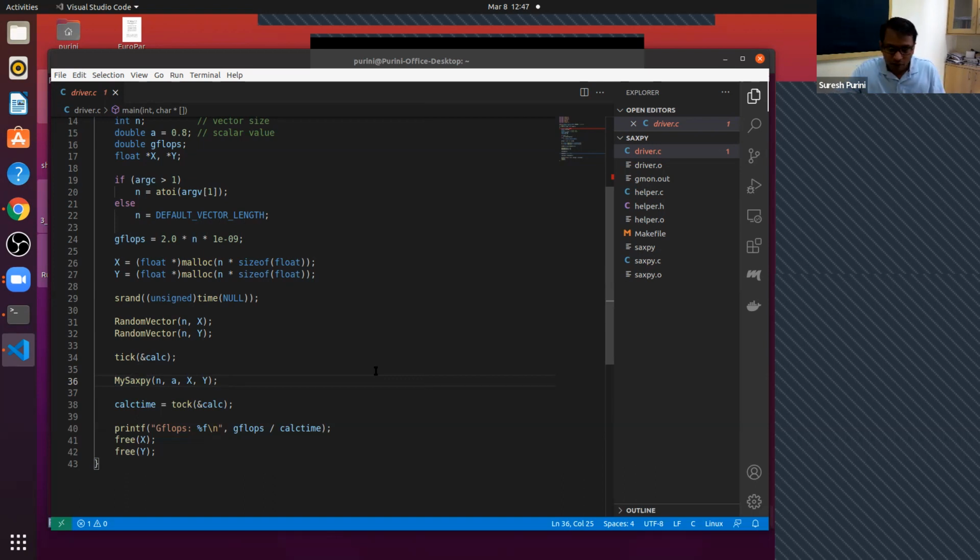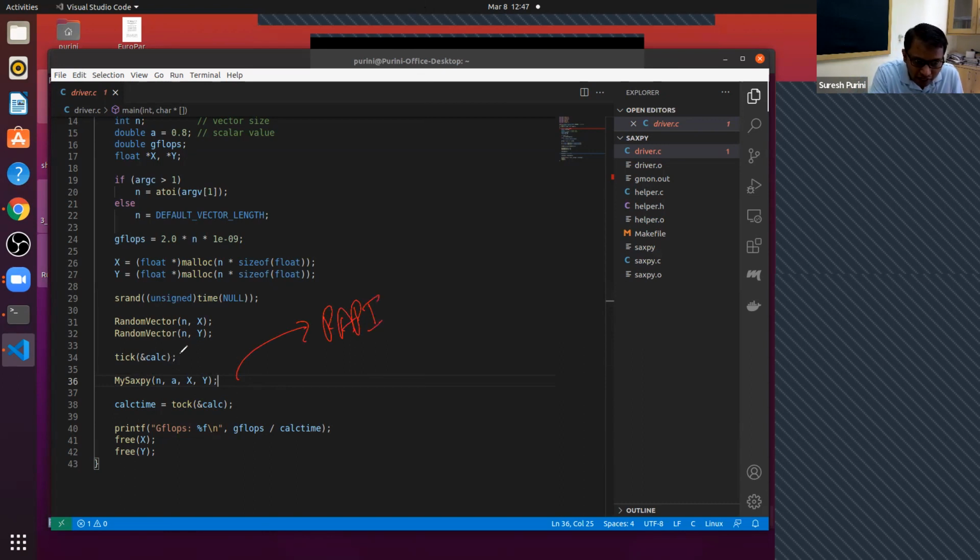And the second important thing is, here this only gives time, but if you want to measure how the cache is behaving when mySaxpy is getting executed on line number 40, there is a library called PAPI, Performance API.